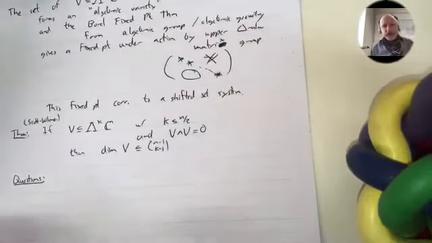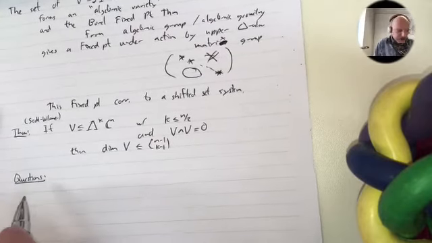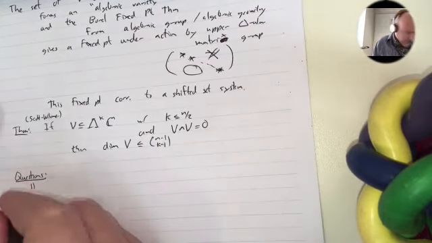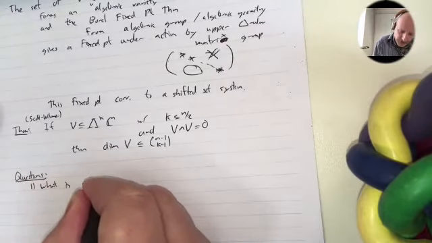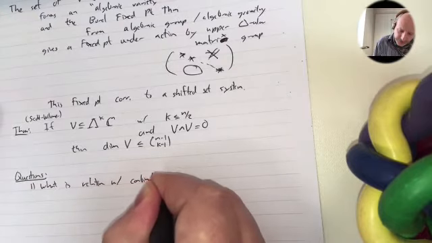So, okay, there's this Borel fixed-point theorem. Who cares? I'm not going to explain the technicalities. It suggests a couple of questions. One is, what is the relation with this combinatorial shifting?